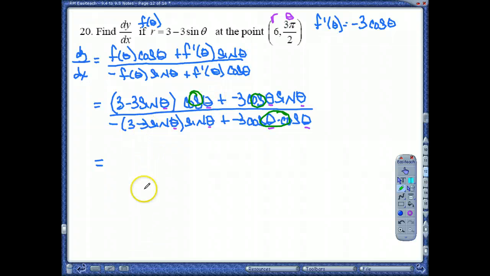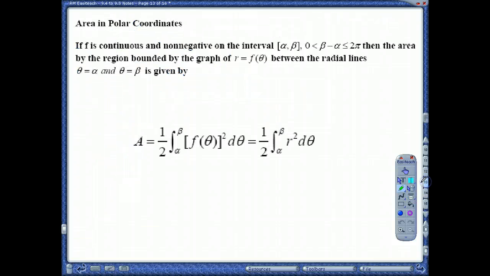So 0 divided by any other number is still 0. So that makes that nice and easy. If they ask about the tangent line, or about increasing, decreasing, you know you're looking at that first derivative. Or if they come right out and just ask you to find dy over dx, same thing.